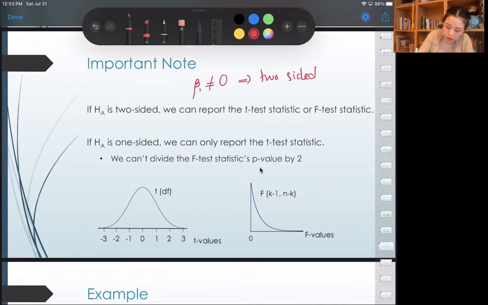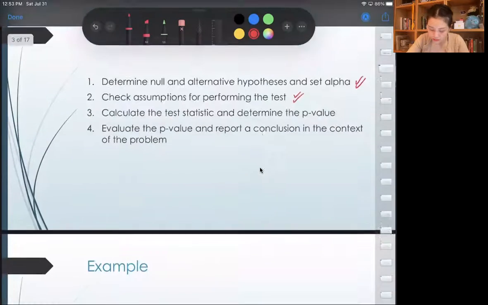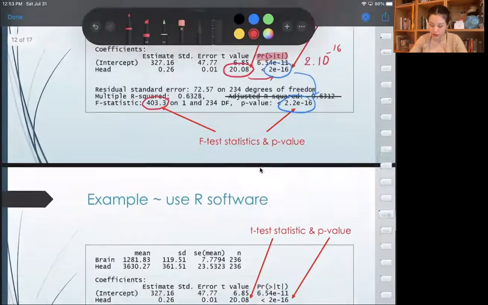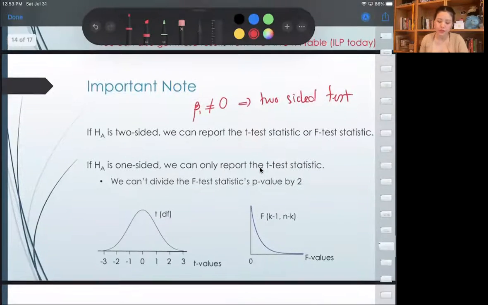Remember I wrote it in the beginning, two-sided test. So if the alternative hypothesis is two-sided, then we can report either t-test or f-test. If it's one-sided, then we can only report the t-test statistic. If it's one-sided, use t. If it's two-sided, you can use either t or f. Doesn't matter. You can choose whichever you like.